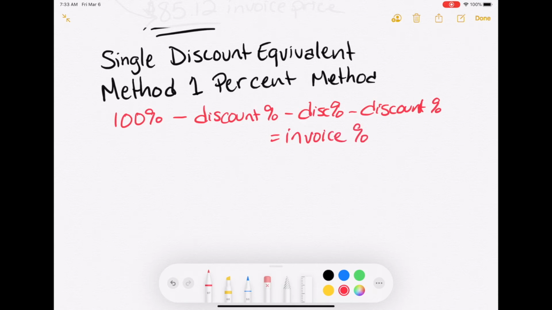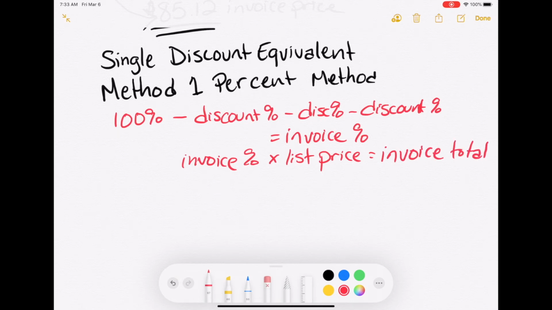Okay, you can then take that invoice percentage, multiply it by the list price or the original price, and that will give you the invoice total price. Okay, and we're going to do an example here after we learn about the different methods.